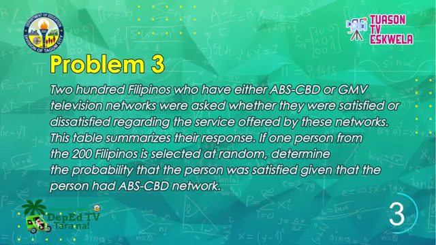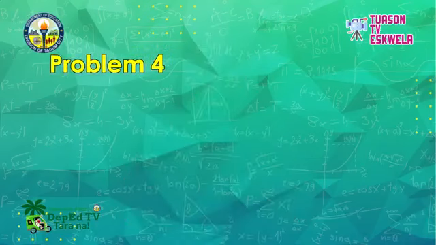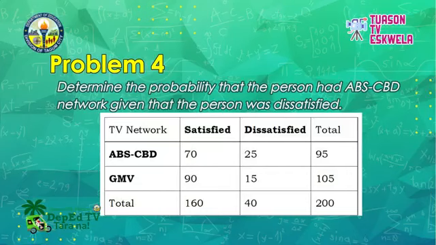For question number 4, we're going to use the same table from number 3. Determine the probability that the person had ABS-CBN network, given that the person was dissatisfied. Eyes on the table. Your timer starts now.